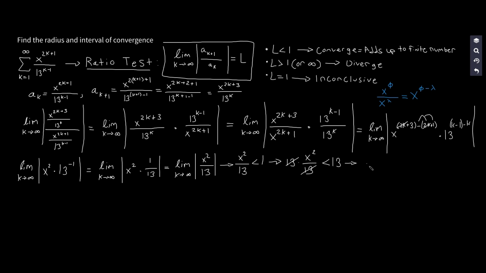And then we're going to have x squared is less than 13. Then we want to take the square root of x squared. Cancel, cancel. Then that means that we have to take the square root of 13. And so that's going to give x is less than the square root of 13, I believe.